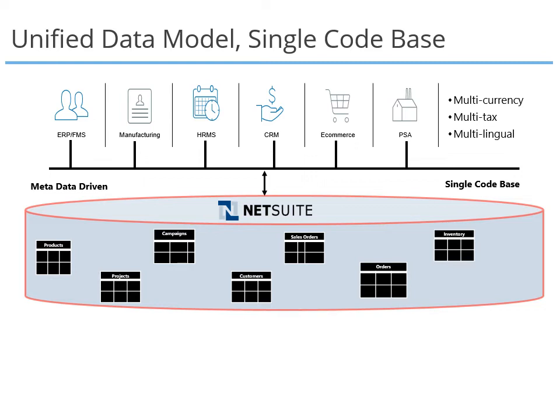Maintaining the application is much easier, as there is no need for releasing a separate version for each industry solution. Also, the single code base gives a uniform feel across all the devices and a consistent user interface across all the browsers.